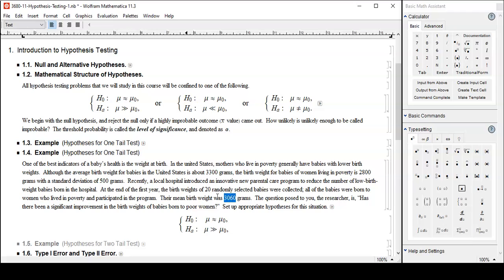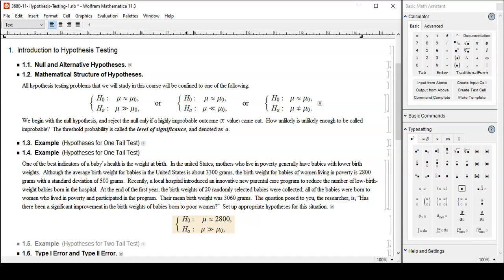This one came from the random sample of 20 randomly selected babies. So 3,060 is out. Now, which is it? 3,300 or 2,800? It is 2,800 grams.